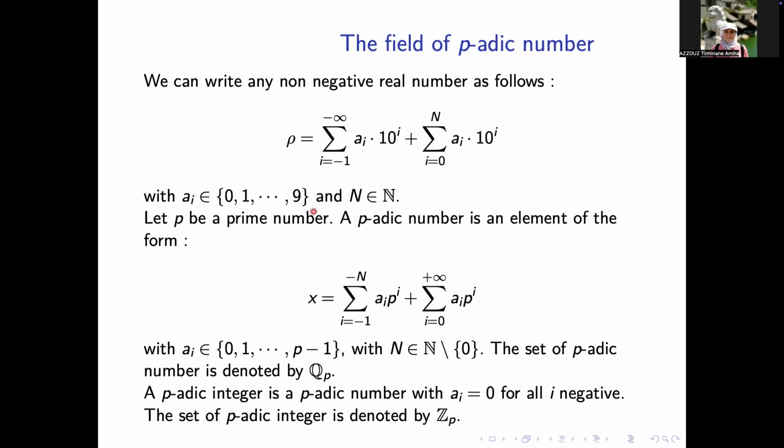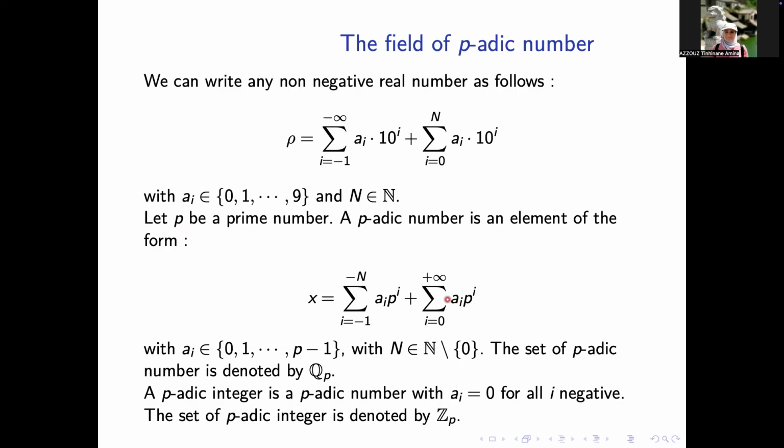Then we can do the same thing with p-adic numbers, but just be careful. We will see that we can define an absolute value that corresponds to our prime number. Then we have a prime number p.